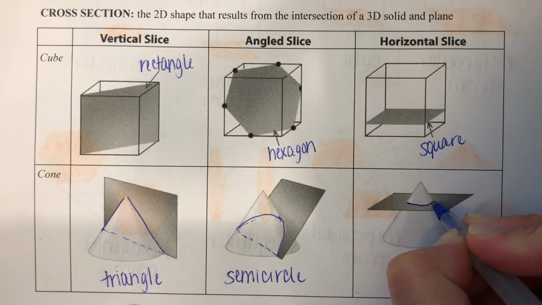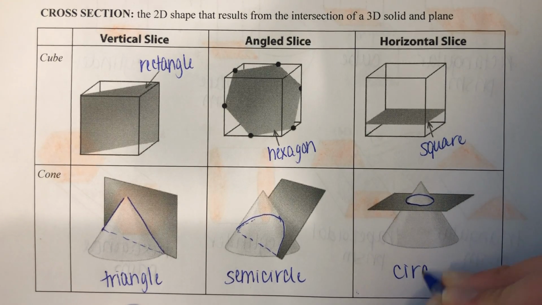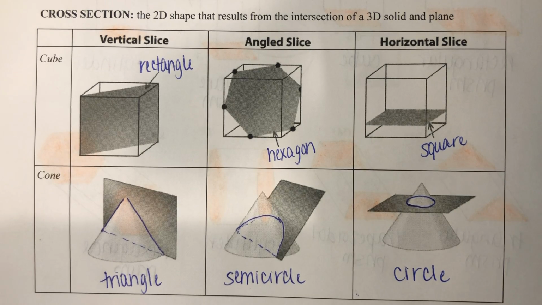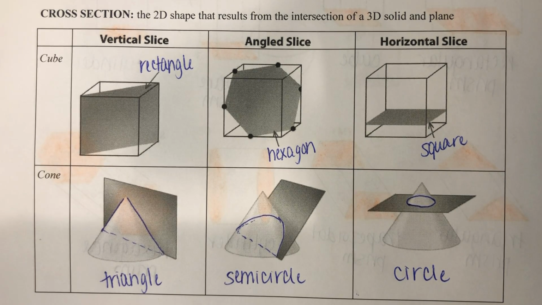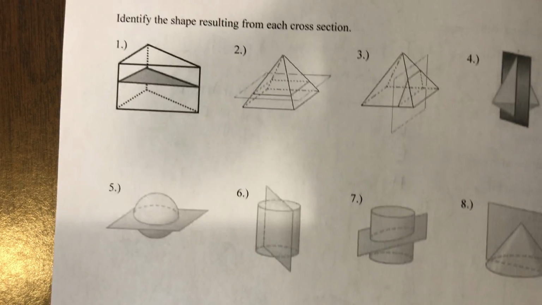So that's cutting out this shape right here. That looks like a circle. So again, same three-dimensional figure getting sliced different ways, producing different types of cross sections. We will practice that a little bit.